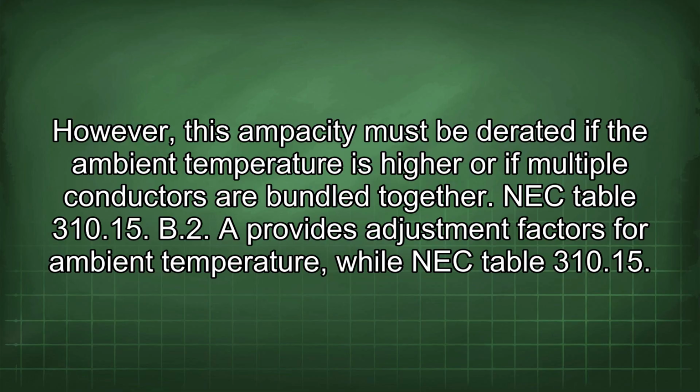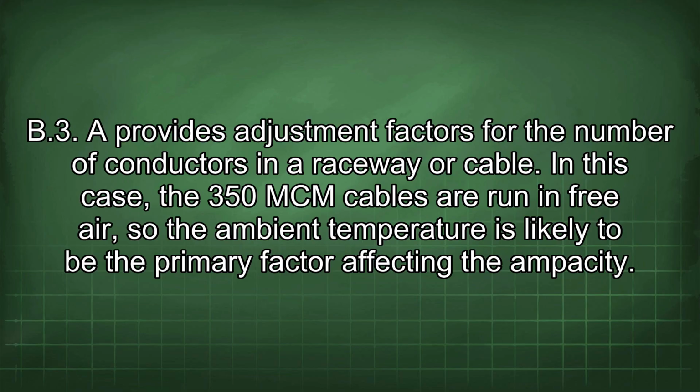NEC Table 310.15 B2 provides adjustment factors for ambient temperature, while NEC Table 310.15 B3 provides adjustment factors for the number of conductors in a raceway or cable. In this case, the 350 MCM cables are run in free air, so the ambient temperature is likely to be the primary factor affecting the ampacity.